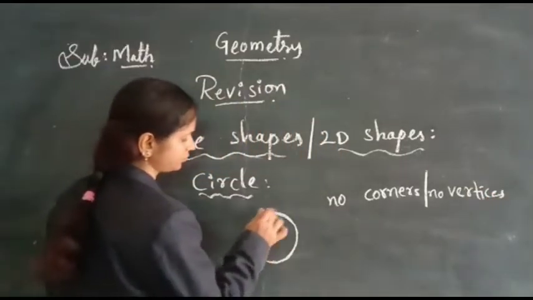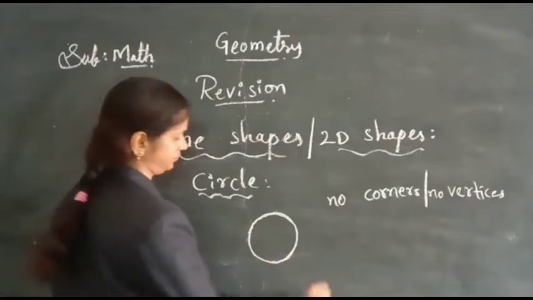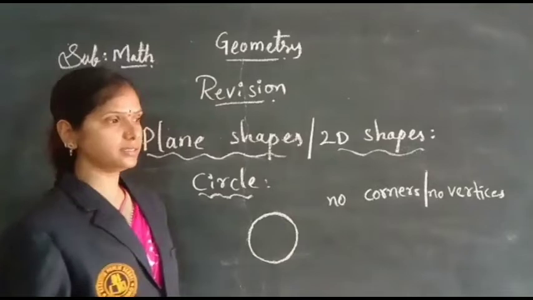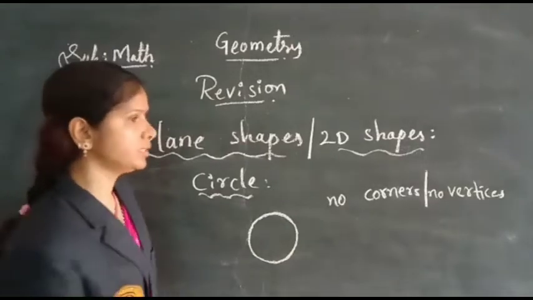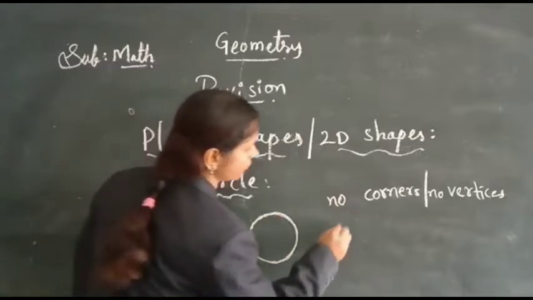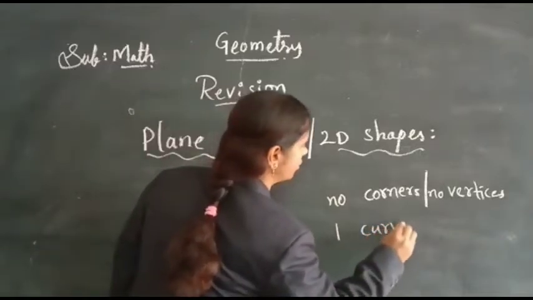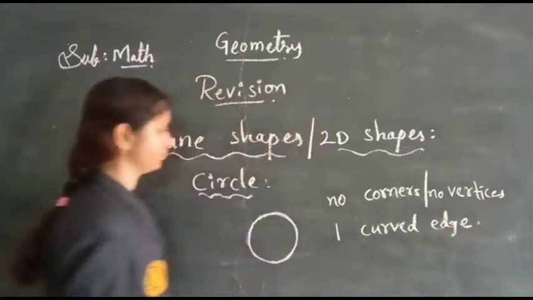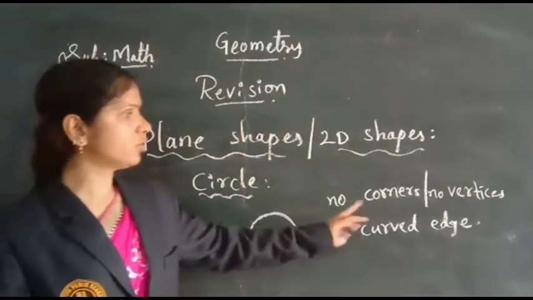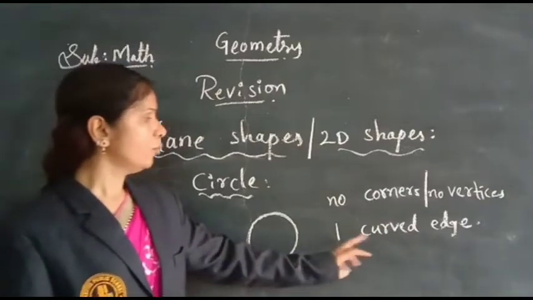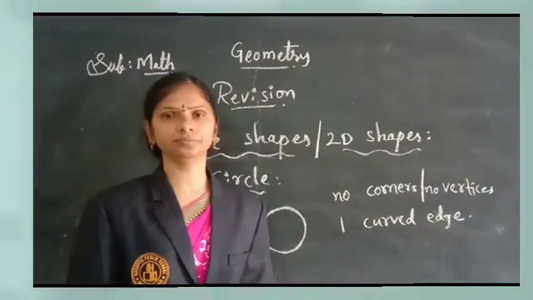It has one curved edge. A circle has no corners or vertices, and a circle has one curved edge, children.